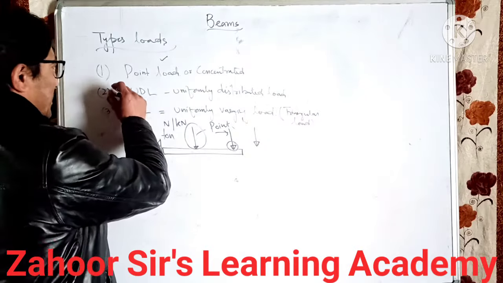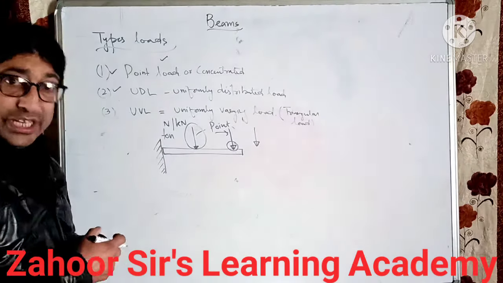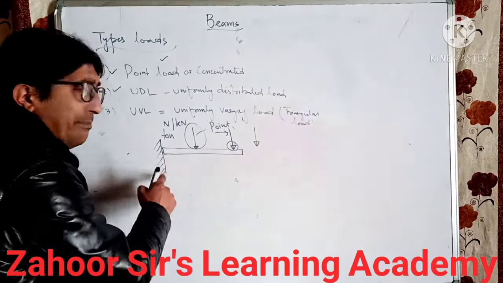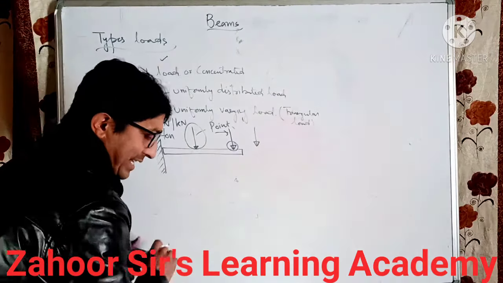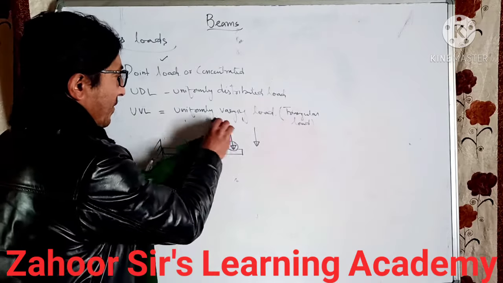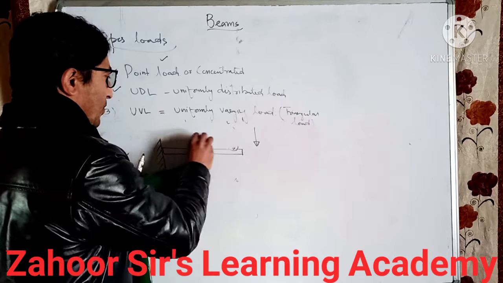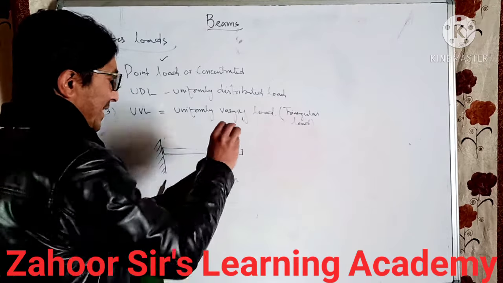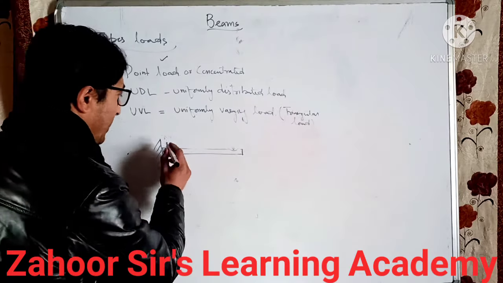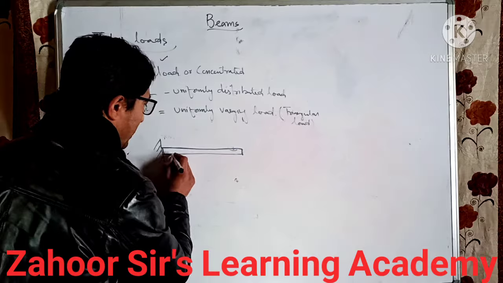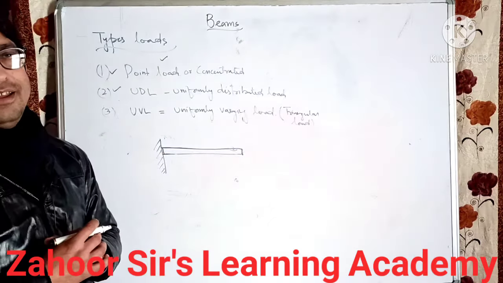Now, as I said, the other one is the UDL, that is uniformly distributed load. Same beam I will take again. So you know now which beam this is? Yes, you are right, it's a cantilever beam.